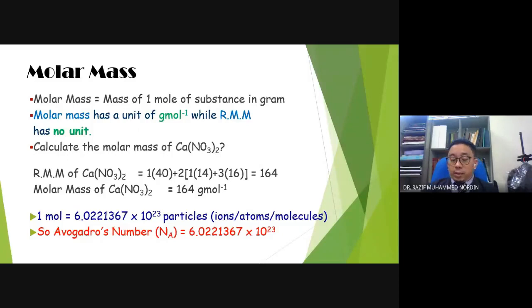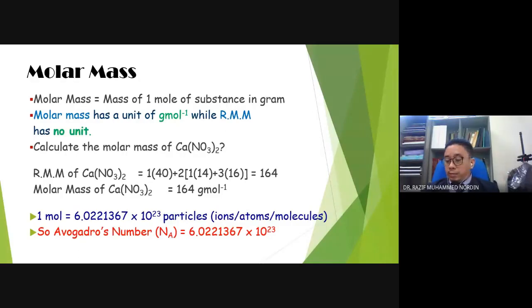Then molar mass, whereby the molar mass equals the mass of 1 mole of substance in gram. Molar mass has a unit of gram per mole, but then for relative molecular mass, it has no unit. Okay.